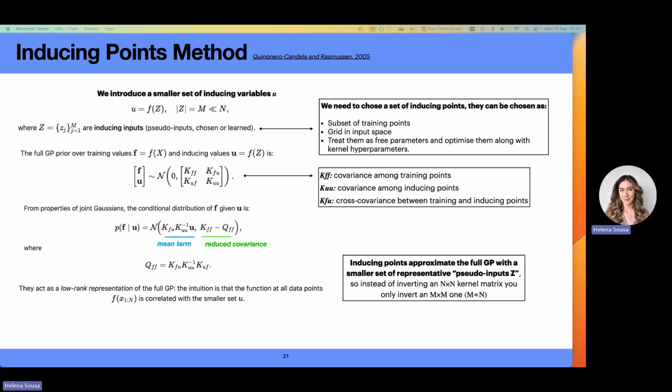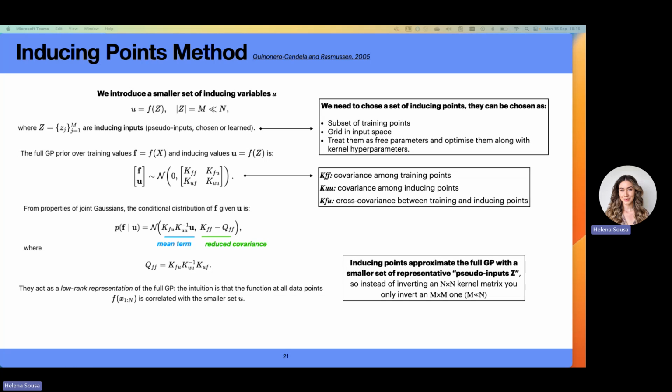They're sometimes also called pseudo inputs. And practically, we can either choose them or learn them during GP training. If we choose them, they are typically either a subset of our training points, or a grid in the input space.